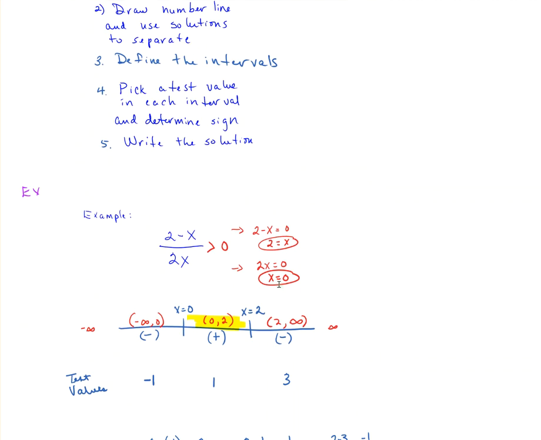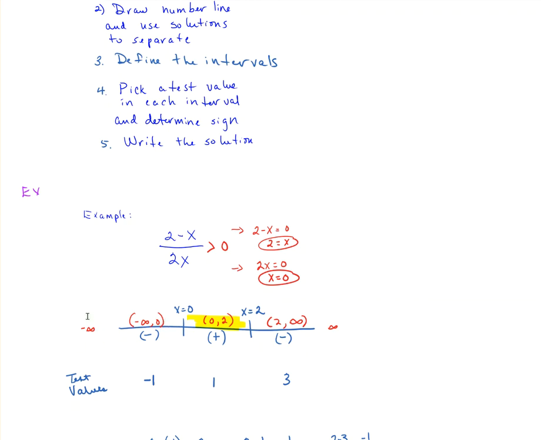We've done that. The second part says draw a number line. So you're going to draw a long line, and however many of these you had, you draw those hash lines, and you put them in order. X equals 0, then x equals 2. So we've done step 2. Number 3, define the intervals. That means, what is this whole space in here?